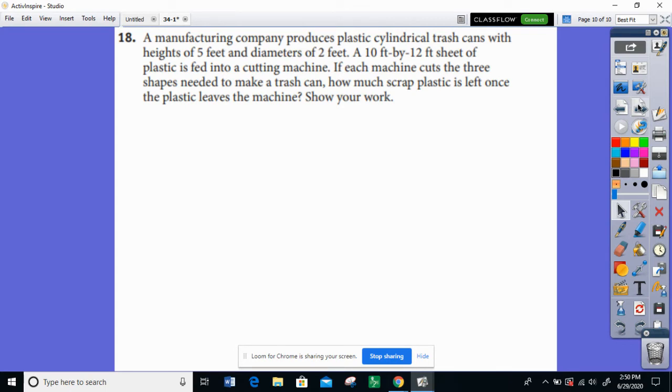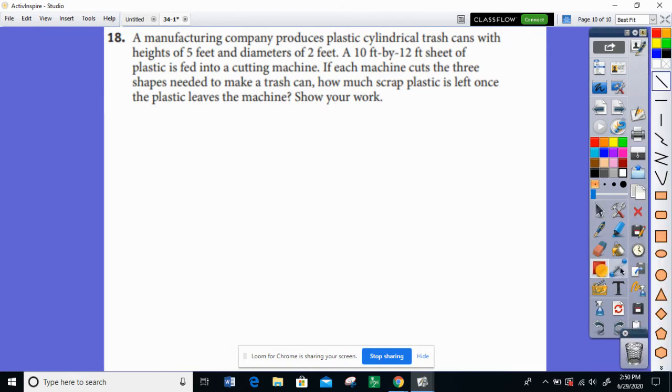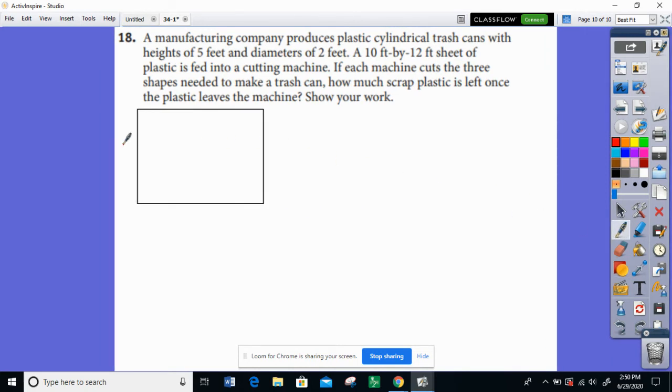Show your work. Well, let's first calculate the area of the rectangular piece. If that's 10 feet by 12 feet, then this area would be 120 feet squared.